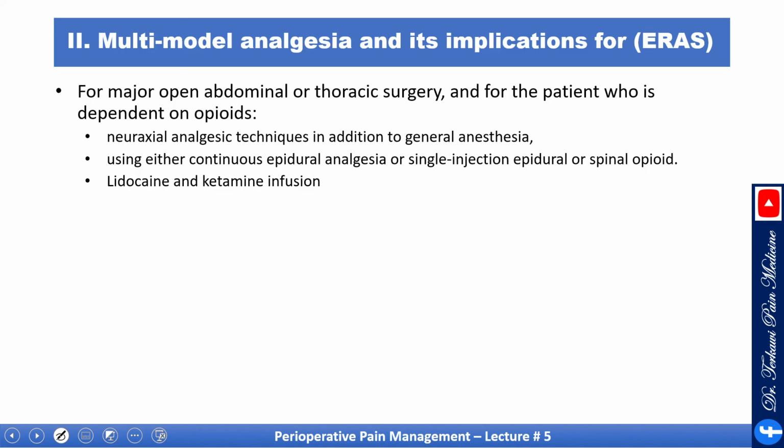Now, for example, let's say we have a major open abdominal or thoracic surgery, then please consider neuroaxial analgesia. Use continuous epidural analgesia if possible, and if not, you can use plus minus lidocaine or both of them, especially if you don't have epidural analgesia.